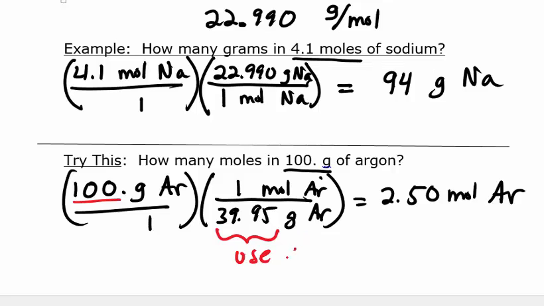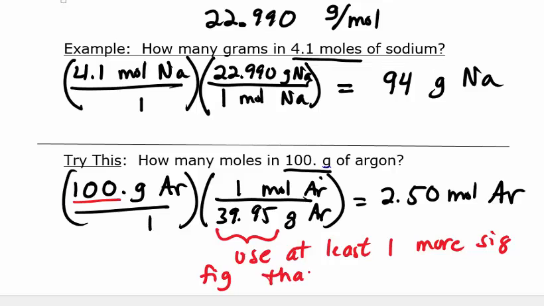So I'll make that comment: use at least 1 more sig fig than in the number you convert. Because you do actually have a choice in how many digits you use for molar mass.